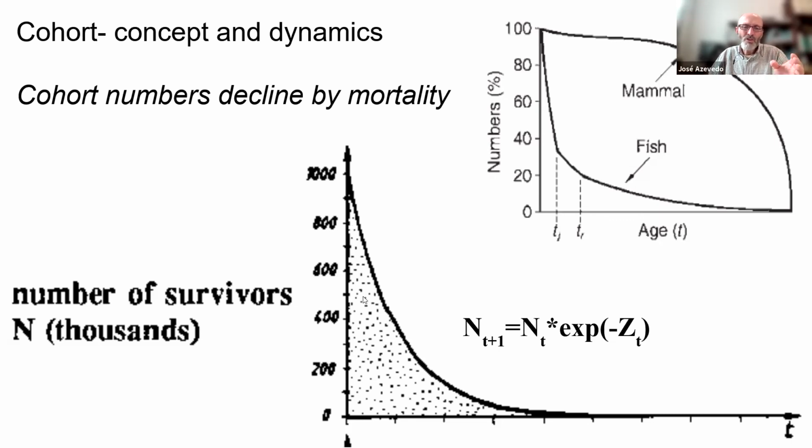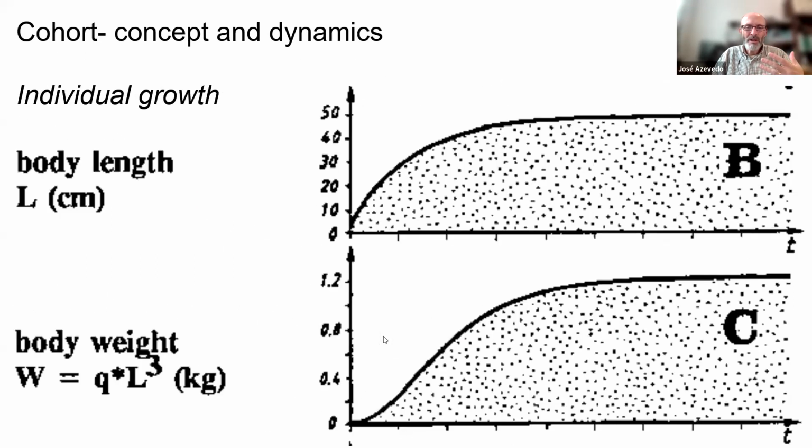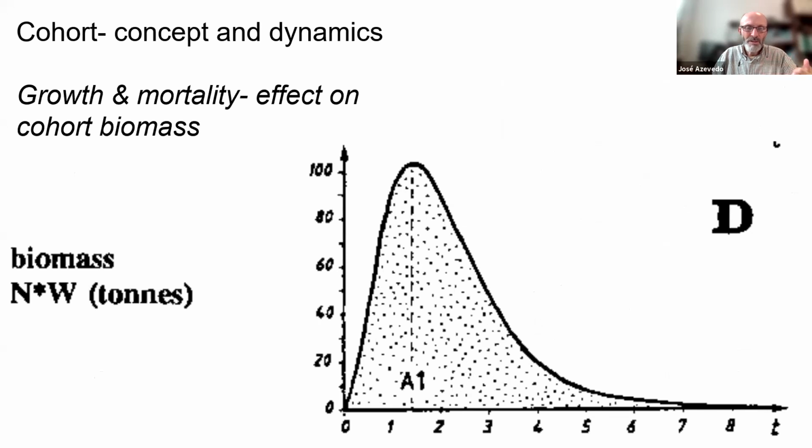And as the fish age, their number decreases because of mortality, but their biomass increases. And so the general effect on a cohort is this: you have the biomass as a function of time in a single cohort.